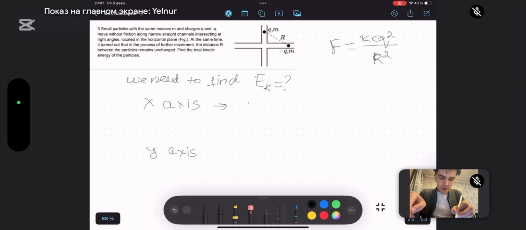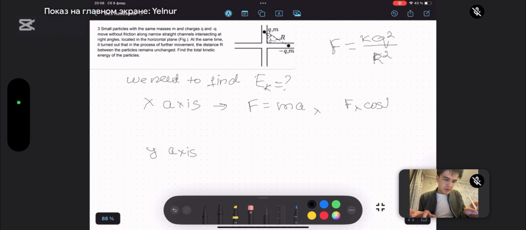Along the x-axis, our force F will be equal to ma, and this is Newton's second law. This law is fundamental in classical mechanics and allows us to solve problems related to the motion of bodies, determining the acceleration, force or mass of an object based on the given parameters.